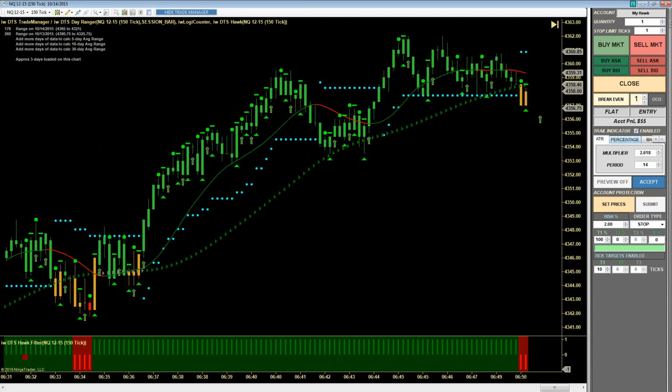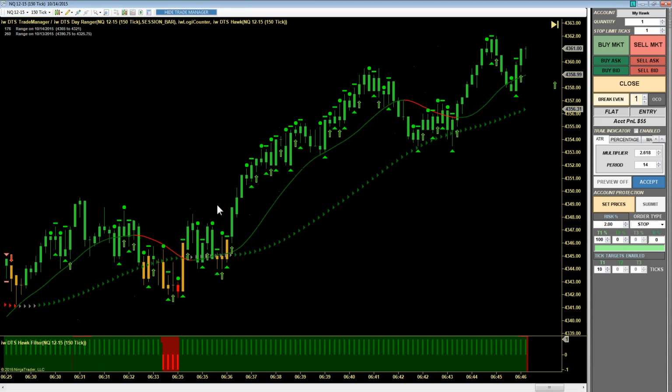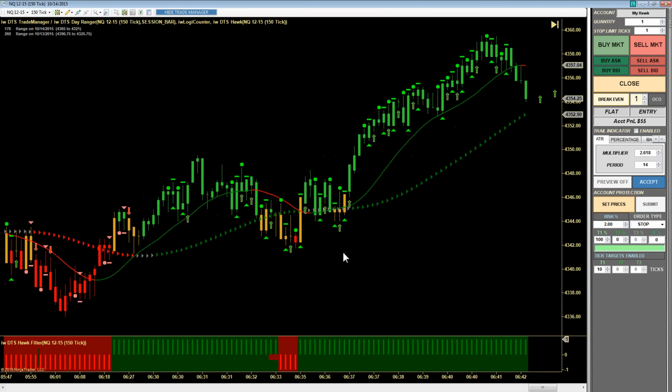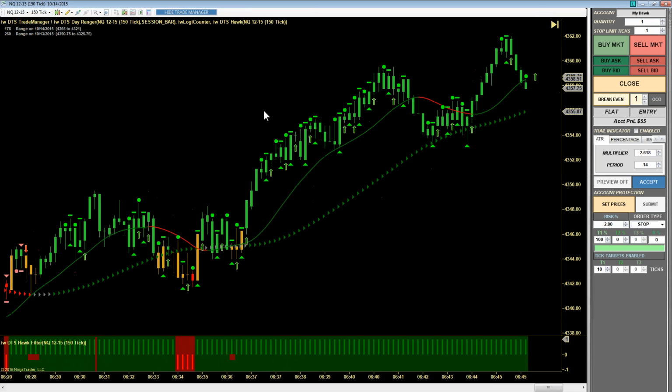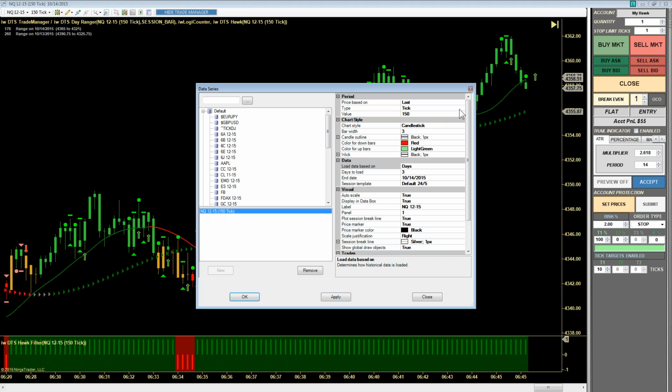And actually, that's not too bad. Nice macro pullback signal right there. Looks like that had some follow through to it. I suppose you could still consider that a first micro-macro cross. So it's still producing signals, but the only chart style you cannot use is point and figure charts.